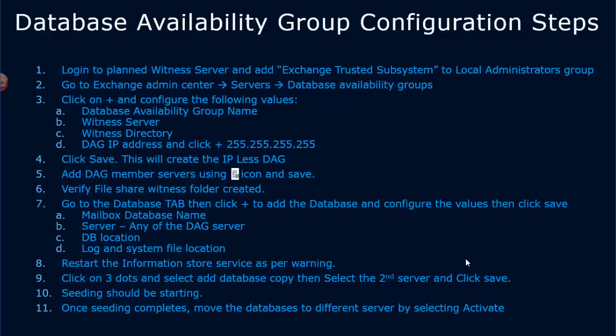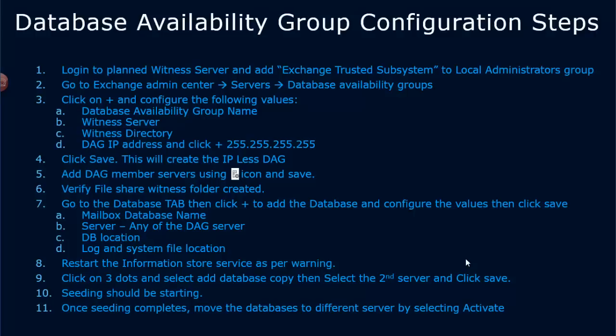If you leave the witness server blank, it will look for the closest CAS server which does not have a mailbox role installed, and it will create the witness directory there. And if you leave the witness directory empty, it will give the default name, something like database availability group witness. But if you configure it, you would know where it is creating.